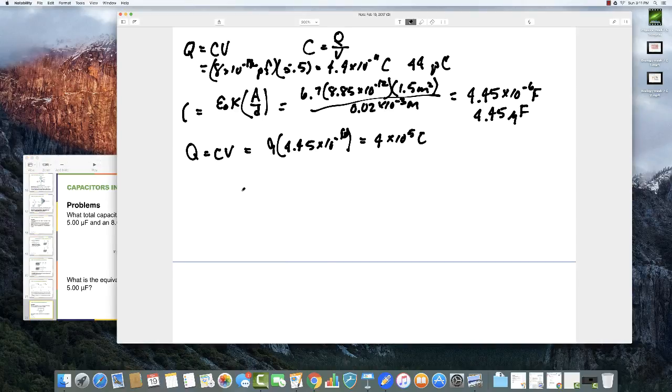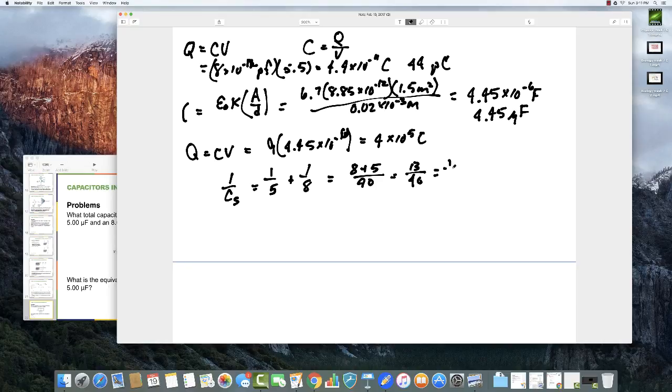So 1 over CS is equal to 1 over 5 plus 1 over 8. The least common denominator between these two is 40. And so it's going to be 8 plus 5, or 13 over 40.